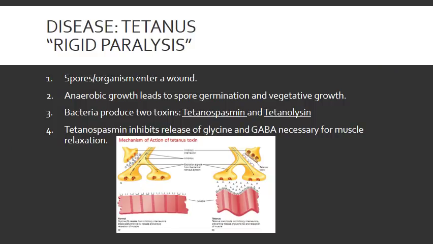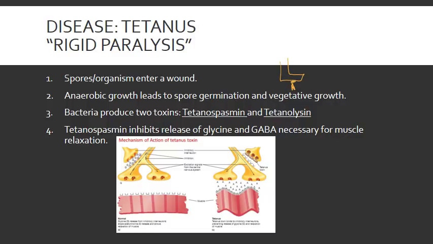Okay, so let's talk about how we're actually going to develop rigid paralysis as the result of walking barefoot through a construction site. So the spores are going to enter the wound. The organism itself, like I said, is highly oxygen sensitive, but the spores aren't, so that's okay. As the bacteria enter the wound, the oxygen is going to become limiting as aerobes in the area eat up all of the oxygen.